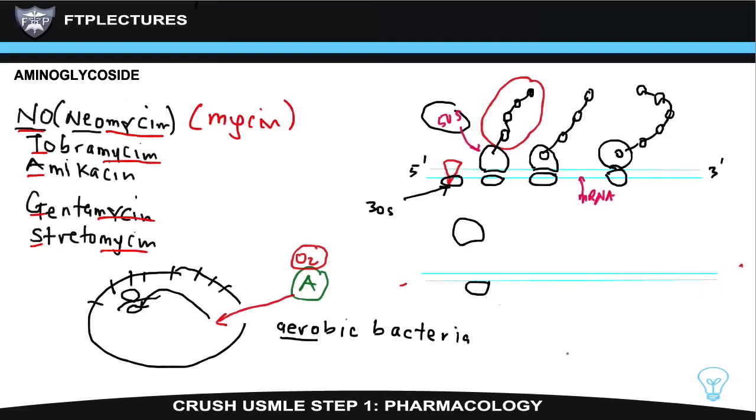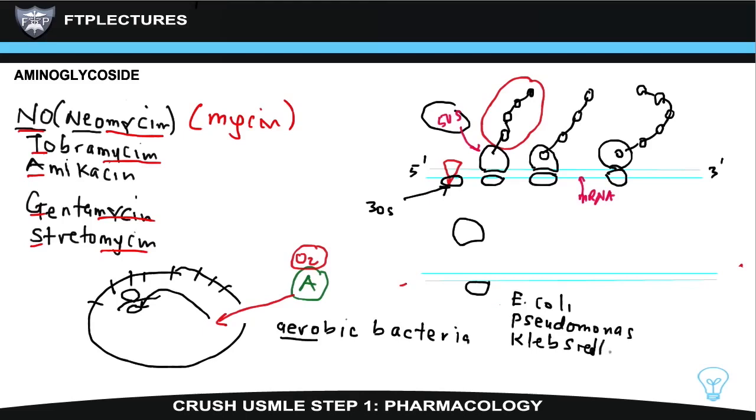The first one that we can kill with this drug is E. coli. E. coli, that's one. The next one that can be killed by this drug is also Pseudomonas. Pseudomonas, okay. The next one is Klebsiella.